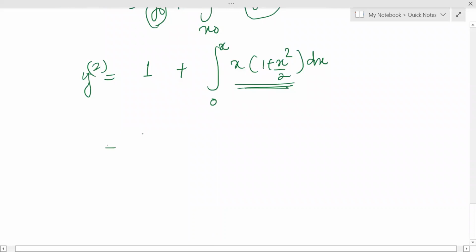If we integrate, then what happens? 1 plus, from 0 to x, x into 1, that is x plus x cube by 2. Then integrate this function.